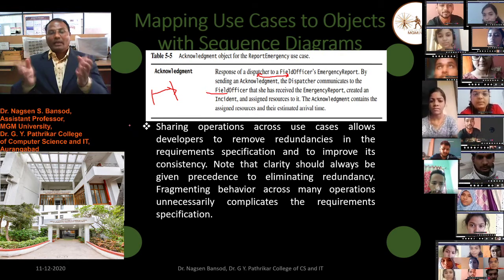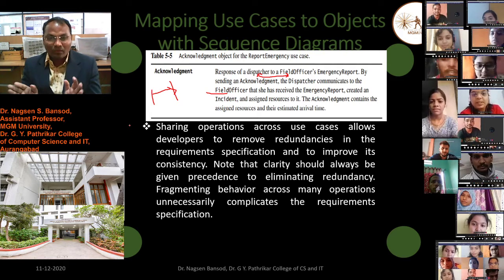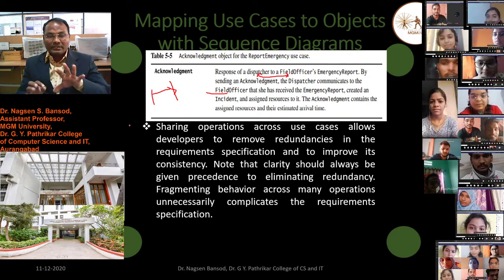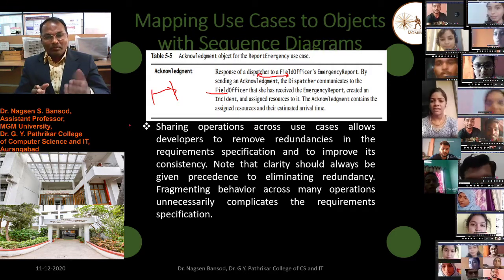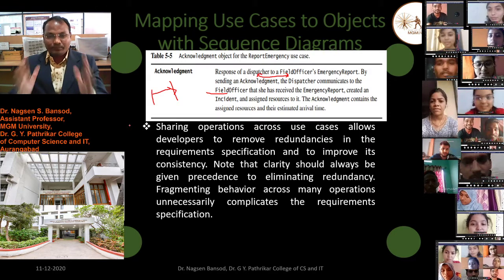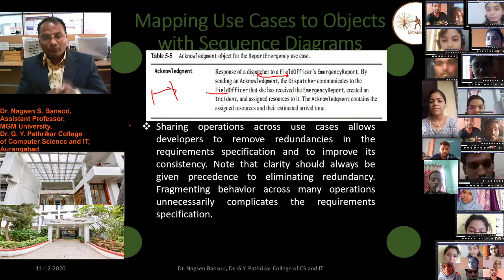Suppose we have collected information and not designed a proper sequence diagram or not created proper use cases. Then information may be repeated in our SRS requirement specification. So remove that.